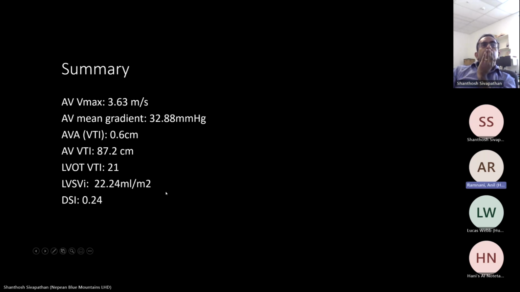The fact that Vmax and the mean gradient are not in the severe category, does that mean anything is what I'm thinking, but you said systolic VTI is low, 22.24. That helps me making the decision that it is actually severe. Might be reduced. So what would you do in this case? To confirm or refute the findings is what you're asking? Yeah.